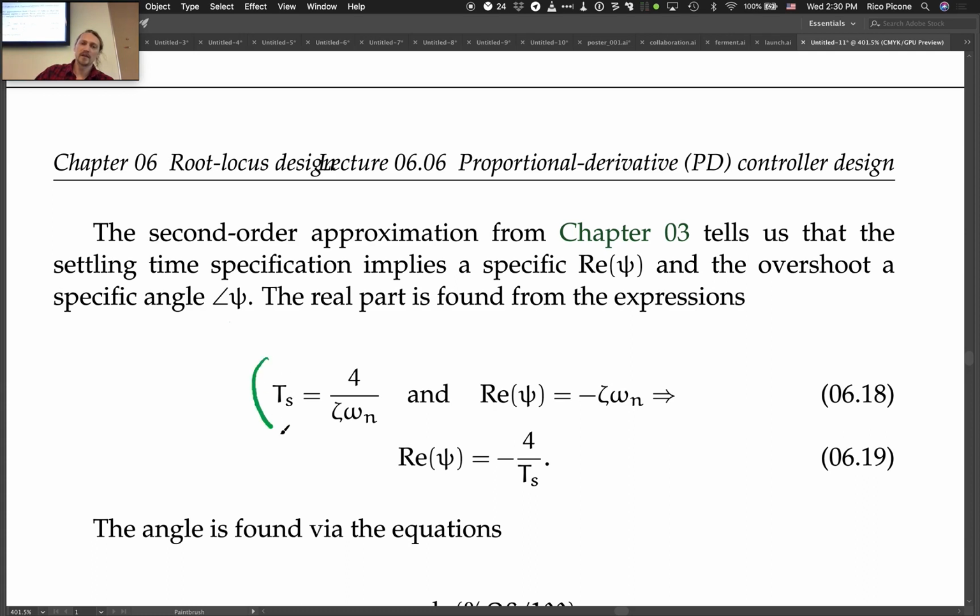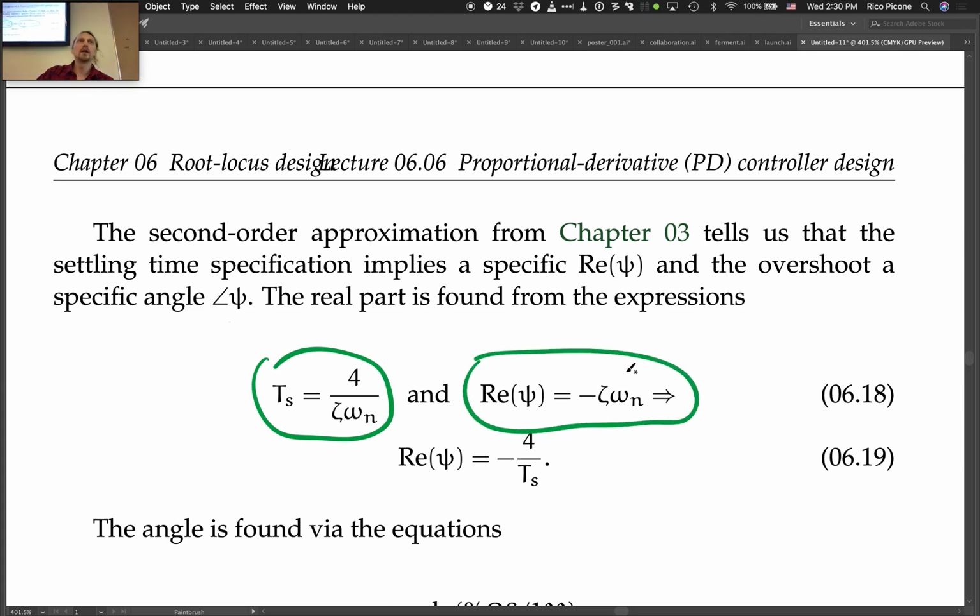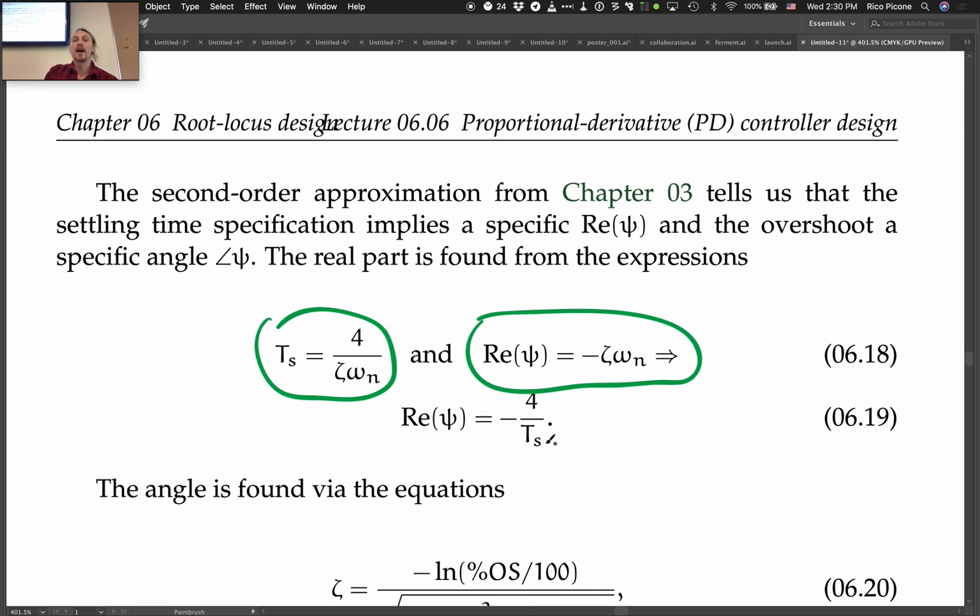So this is from the settling time requirement. This is from our nice second order pole pair geometric interpretation with the second order parameters. Negative zeta omega n is the real part of psi. That was one of the parameters we drew on that plot. So you can combine those together and get that the real part of psi should be -4 over the settling time.